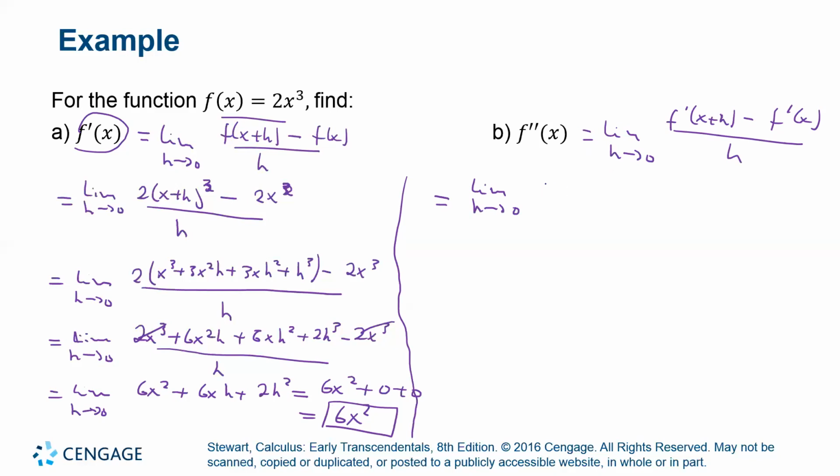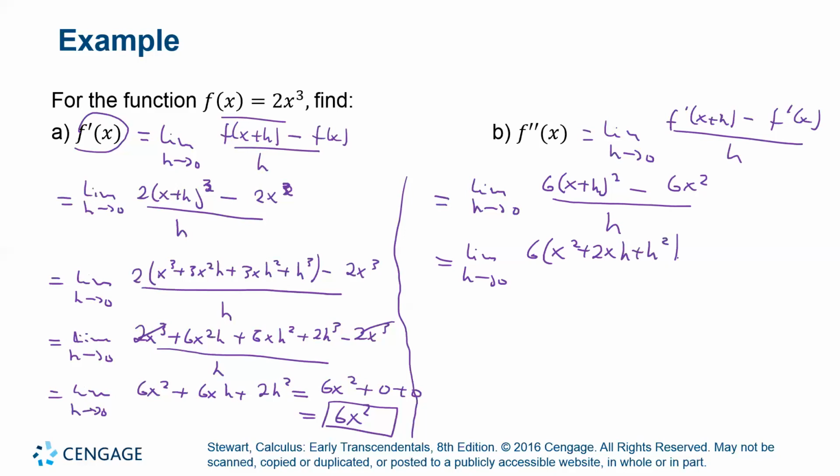So this will be 6 times (x plus h) all squared minus 6x squared, divided by h. So I'm differentiating f prime. That's why it gives me f prime prime. Then let's expand (x plus h) all squared. So 6 is out. That gives me x squared plus 2xh plus h squared, minus 6x squared, divided by h.